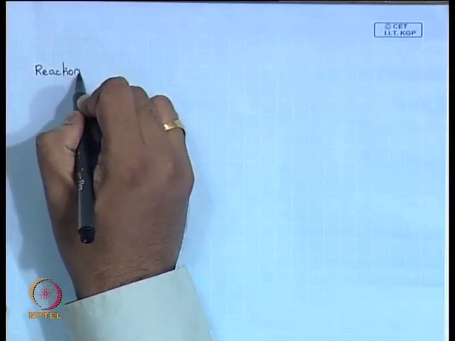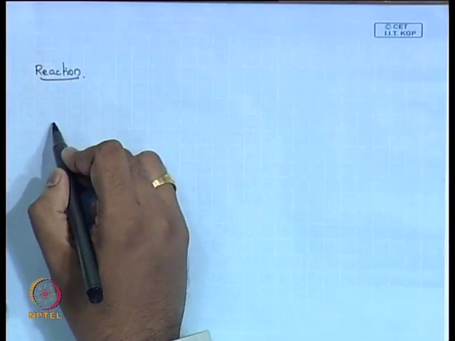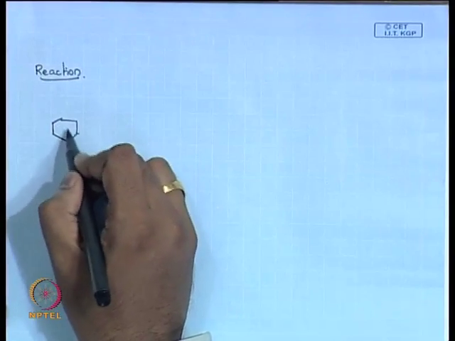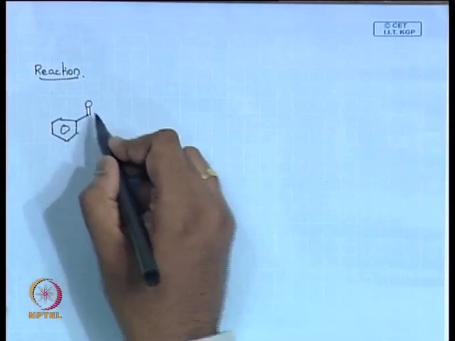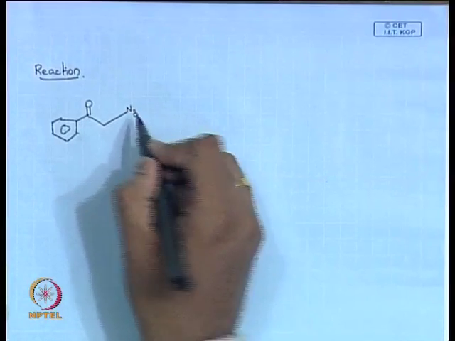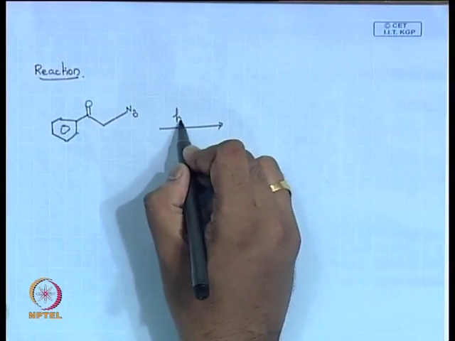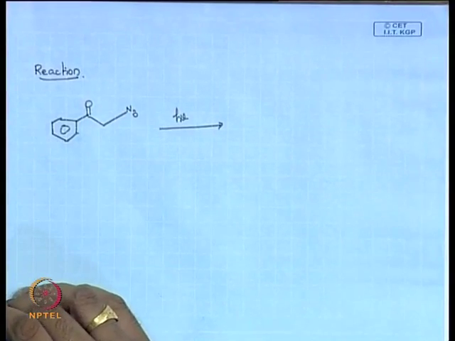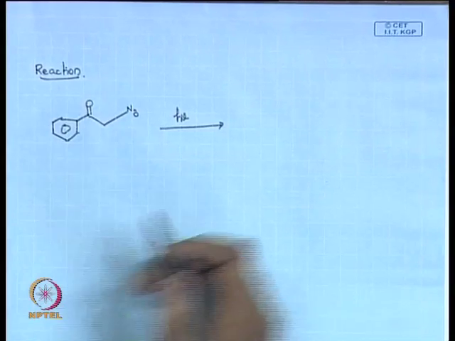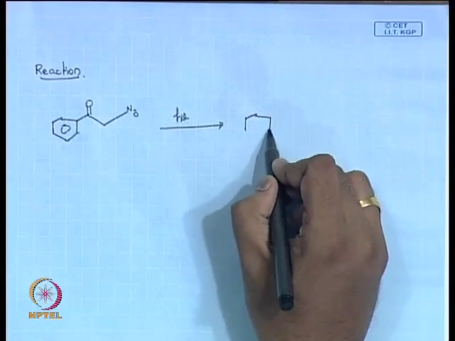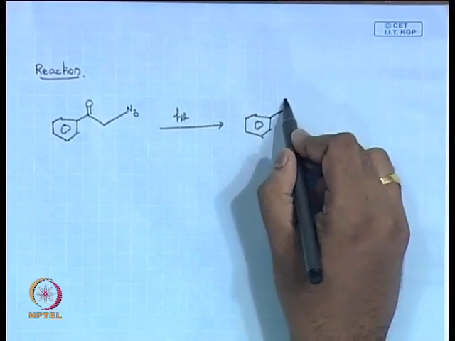Reactions of triplet nitrene. For example, I am taking this compound and photolyzing it. It gives me a triplet nitrene.